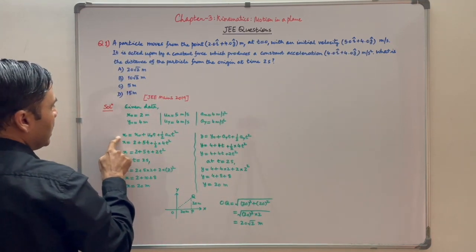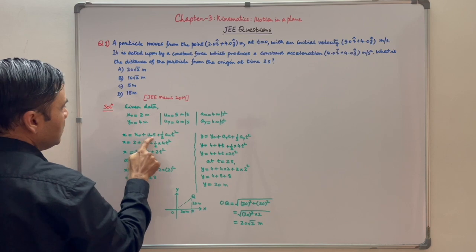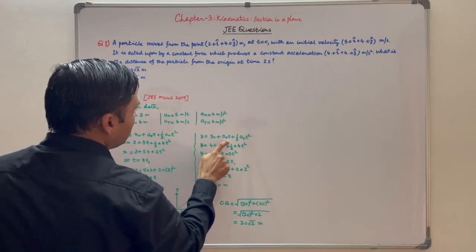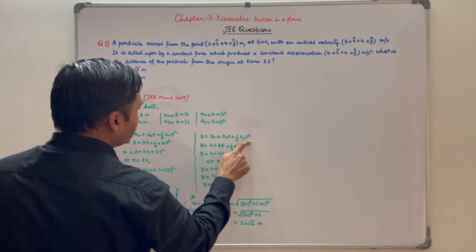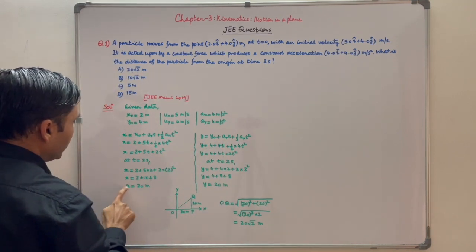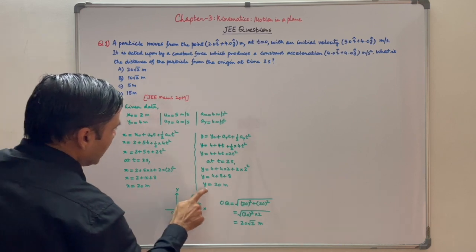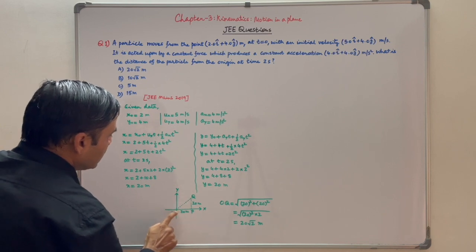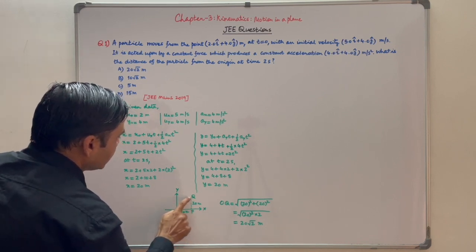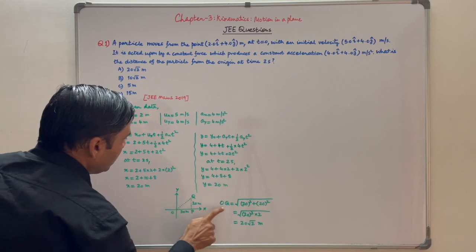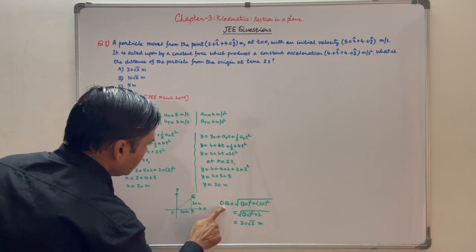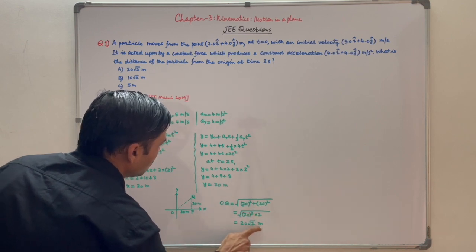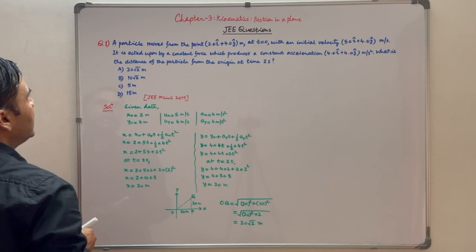Applying the formula, x equals x0 plus uxt plus 1 by 2 axt square, and y equals y0 plus uyt plus 1 by 2 ayt square. Putting the values, we get x equal to 20 meter and y equal to 20 meter. So the particle is at Q, meaning the x distance is 20 meter and the y distance is 20 meter. So OQ will be, as per the Pythagoras theorem, under root 20 square plus 20 square. That comes out to be 20 root 2 meter. So option A is correct.